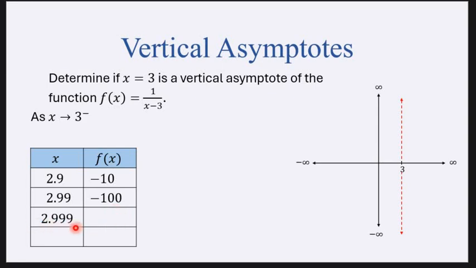When you plug in 2.999, you get negative 1,000. And when you plug in 2.9999, you get negative 10,000.